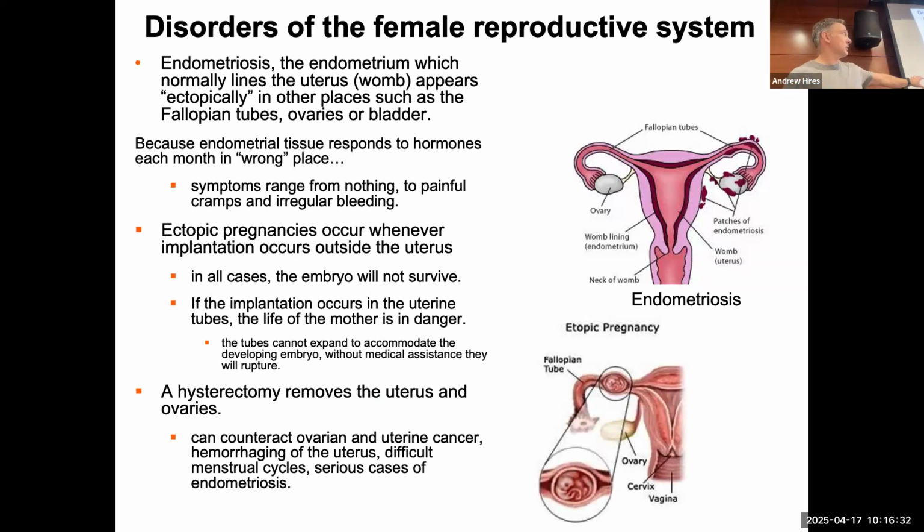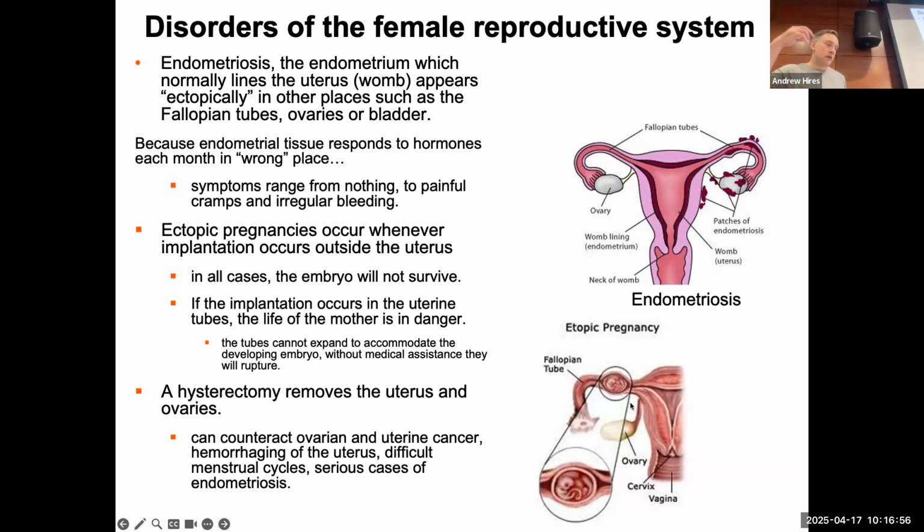It can be a dangerous situation because the developing baby, or not baby, but embryo, is going to cause a sort of physical strain on the fallopian tube, and will cause it to rupture unless you have medical assistance. And then finally, we have hysterectomy. So this is the removal of the uterus and ovaries.